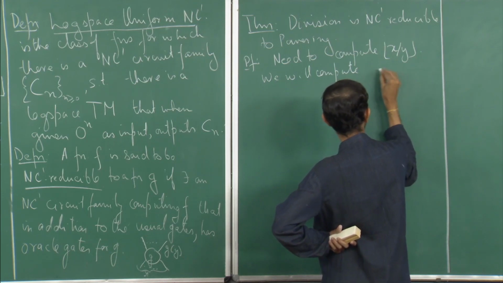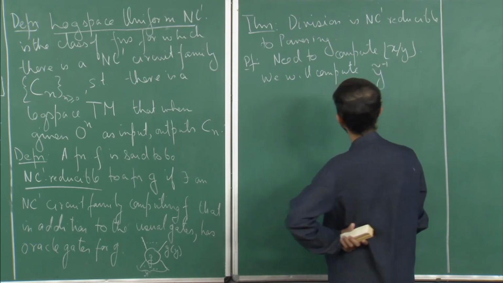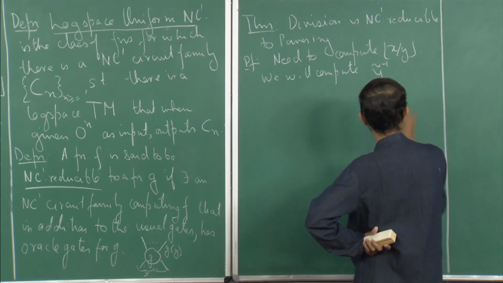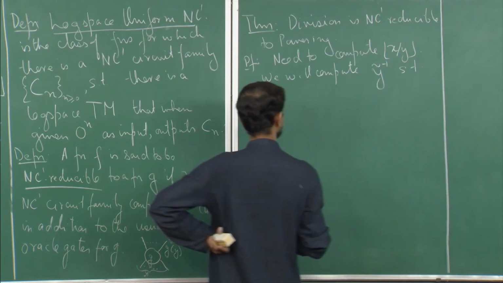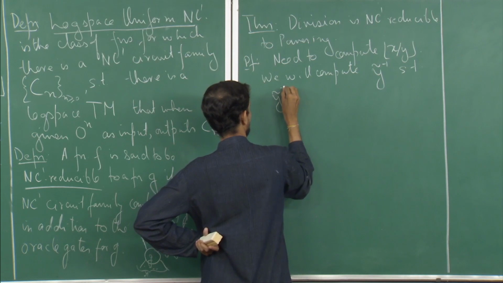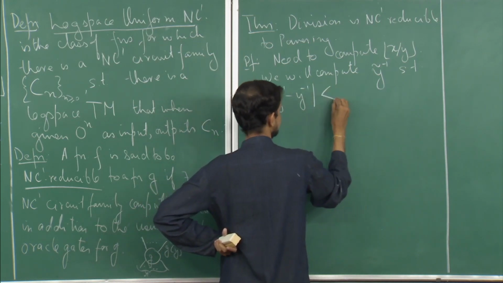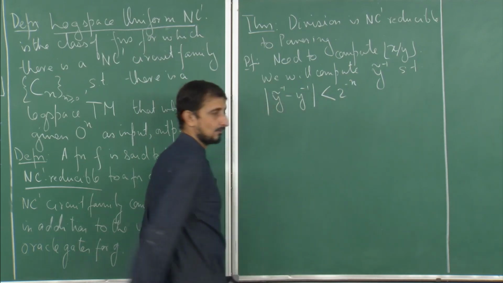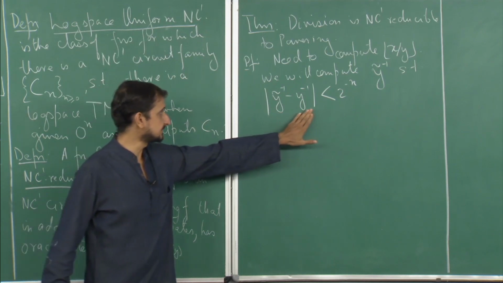We will be computing a quantity, let us call it y tilde inverse, such that y tilde inverse minus y inverse is smaller than 2 to the power minus n. So, we will try to compute a quantity such that this holds.